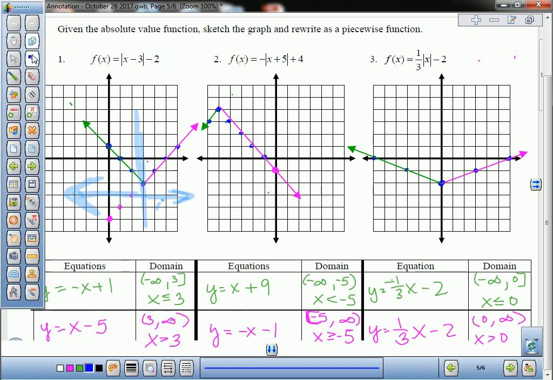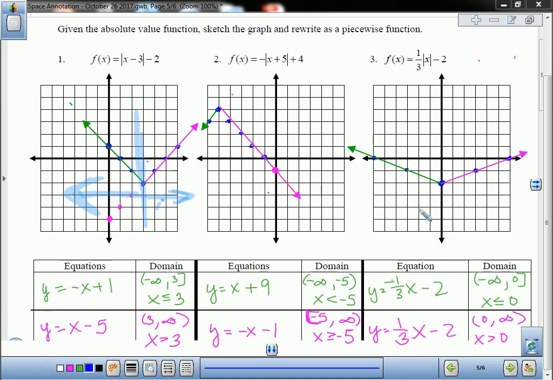Now, a cool thing happens algebraically for each one of these. What you're going to notice is the left side ends up being opposite of everything in the absolute value. So let me show you what I mean by that.